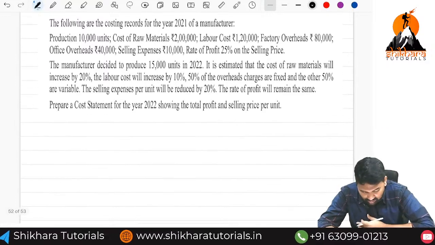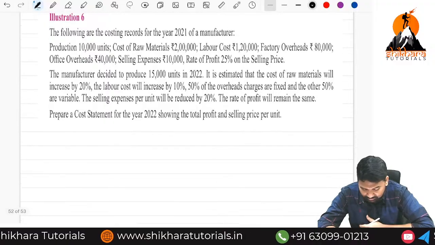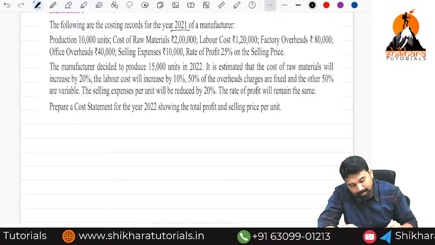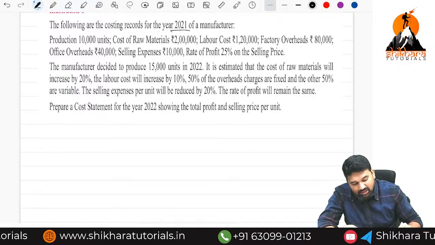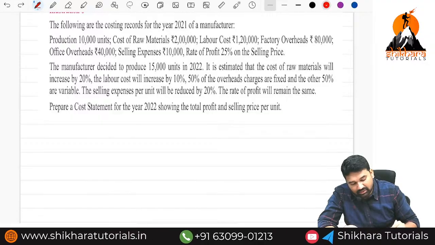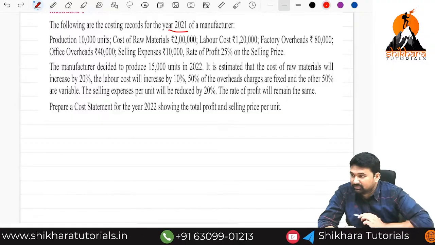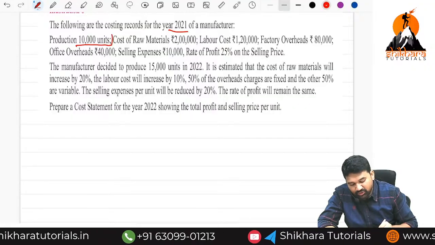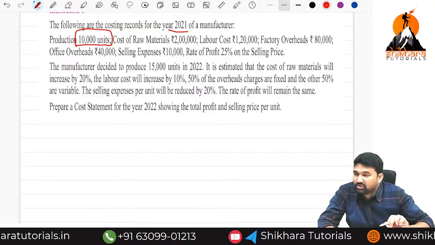So illustration number 6. Udbhav, read the problem. These are the cost records of a manufacturer for the year 2021. How many units produced? 10,000 units he has produced.